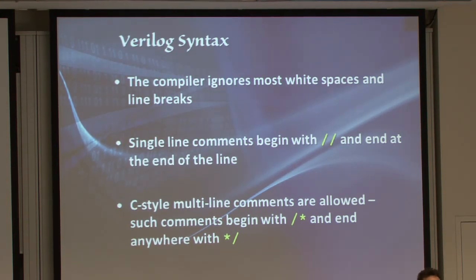Therefore, you can break a line in the middle as long as you didn't put the semicolon at the end. You can put as many spaces as you want; the compiler will just ignore it. And just like C, you can have single line comments with a double slash, or a block of comments that starts with slash star and ends with star slash.